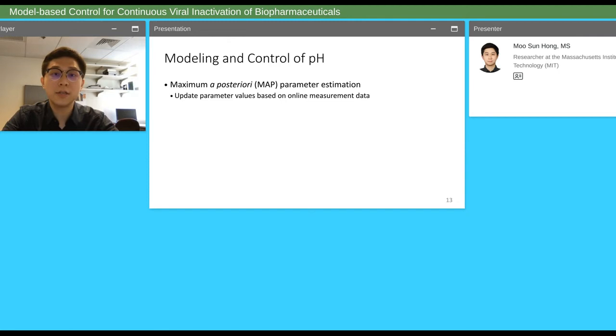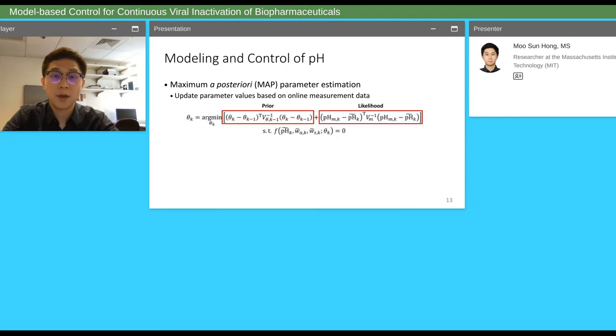The uncertainties that may exist in the pH model were handled by maximum a posteriori (MAP) estimation. This updates parameter values based on online measurement data. MAP estimation was formulated as a constrained minimization problem at each time point. It takes into account prior information of parameters and current data to provide improved estimates of the parameters.